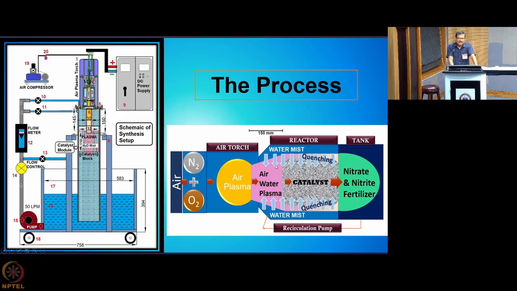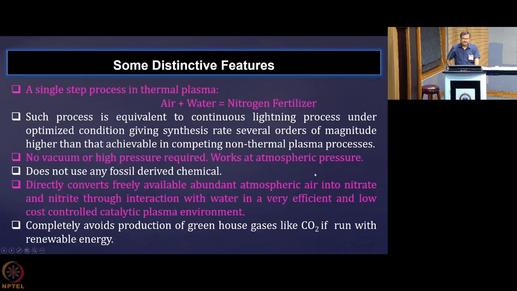That interacts with the air, the broken nitrogen species and the broken oxygen species in the presence of the catalyst and forms nitrate fertilizer, which comes to the tank where it is stored. The water from the tank is again recirculated back to this zone, to the water mist formed in this plasma-water interaction zone by the catalyst. Again it interacts, producing more nitrate, coming to the tank and being circulated back. This is the way the concentration increases.